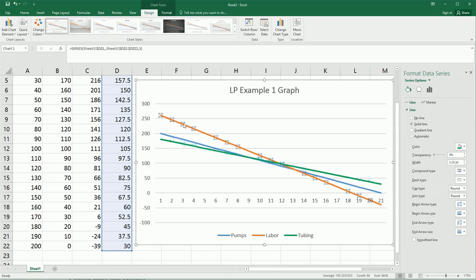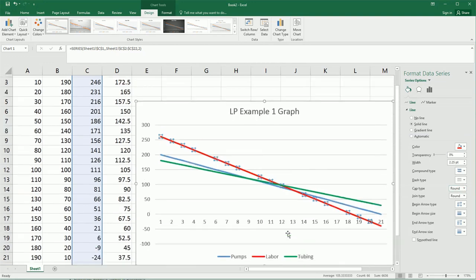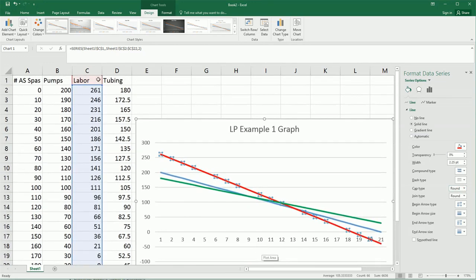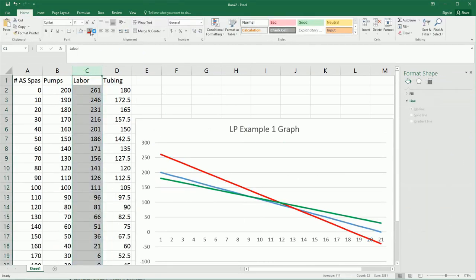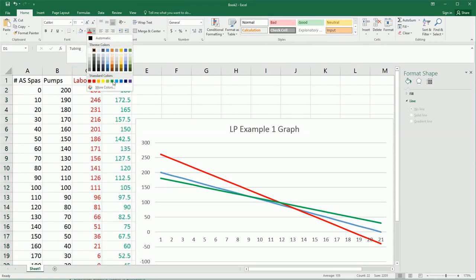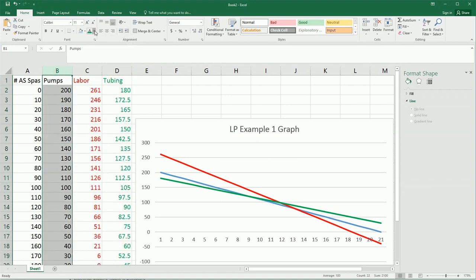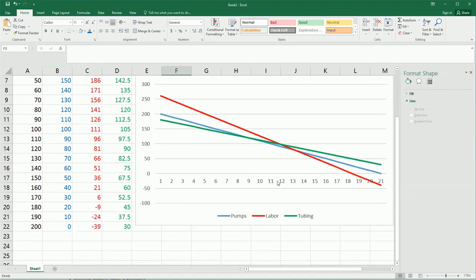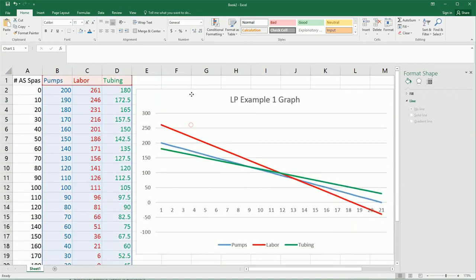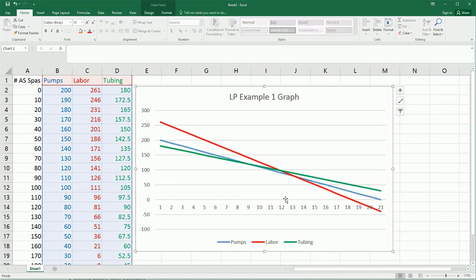I get this orange line, I'm going to change that to red. Okay, now notice I have my words down here, so I'm actually going to change that whole column. So labor is red, so I'm going to change all of this to just red font. Tubing was green, so I'm going to change all this to green. And pumps was blue, so I'll change all this to blue. And that's just to kind of give me an idea and let me know what each of these things are doing. So this graph here is graphing out the constraints.